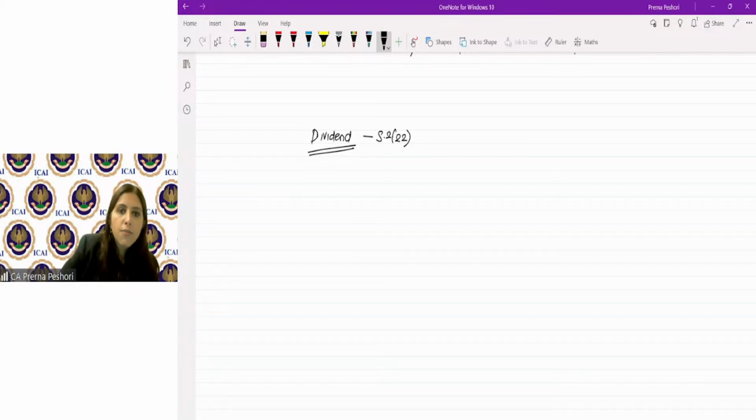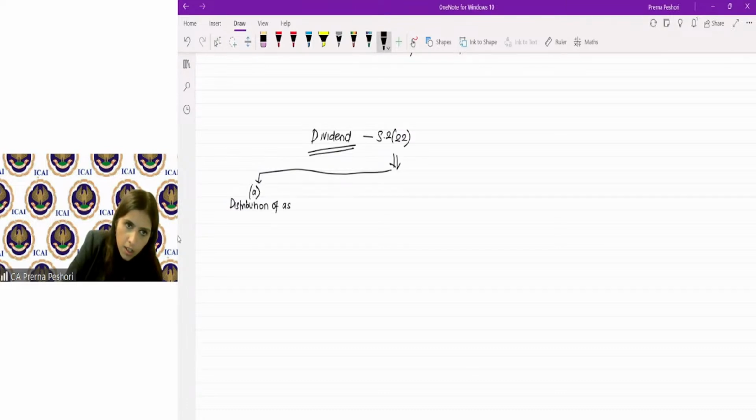Okay, dividend is defined under section 2(22). So 2(22)(a) talks about distribution of assets to the extent of the accumulated profit.